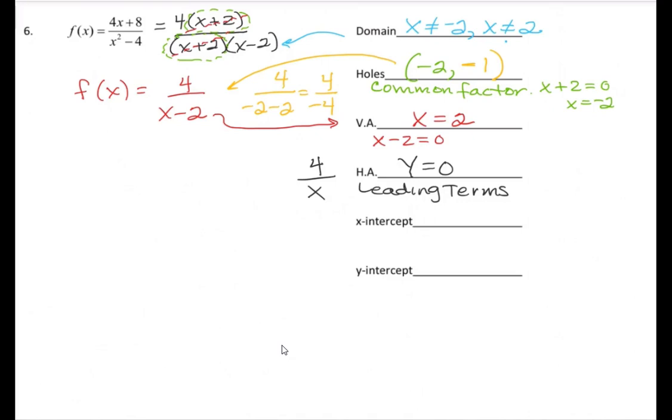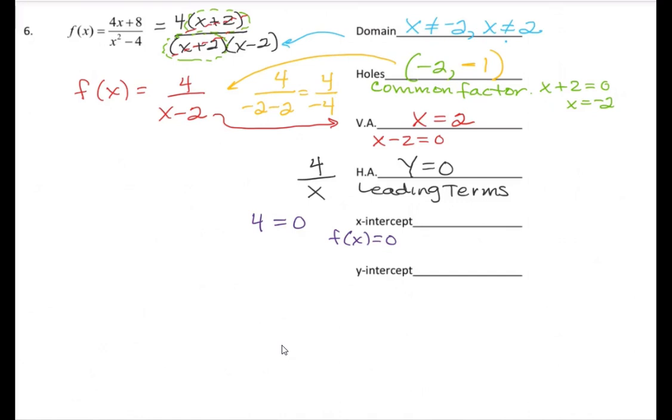Now moving to the x-intercept. For the x-intercept, I want to set the function equal to 0. And again, I'll use the simplified version of my function to do that. And remember that since this is rational, try to remember that shortcut that says I really just need to set the numerator equal to 0.